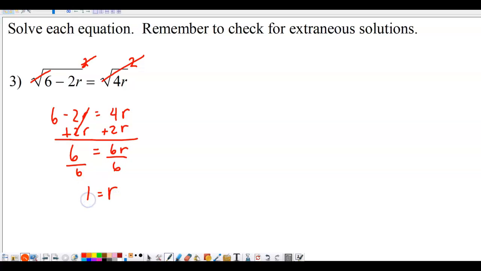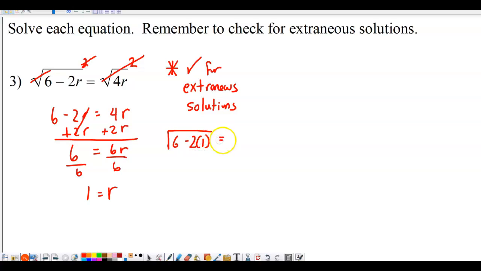These are a lot like the ones that we had yesterday, where you could have an extraneous solution. So you do want to check for extraneous solutions. And what that means is your answer, when you plug it in, should not create a square root that has a negative underneath the square root as a result.